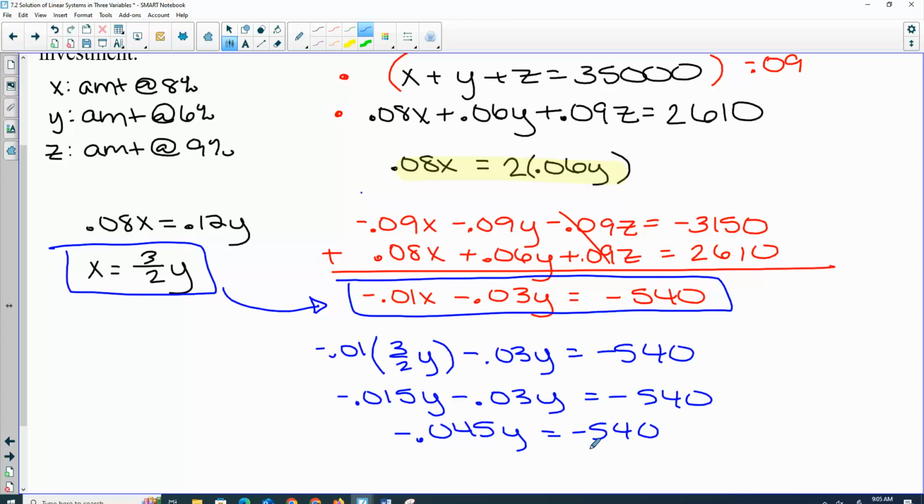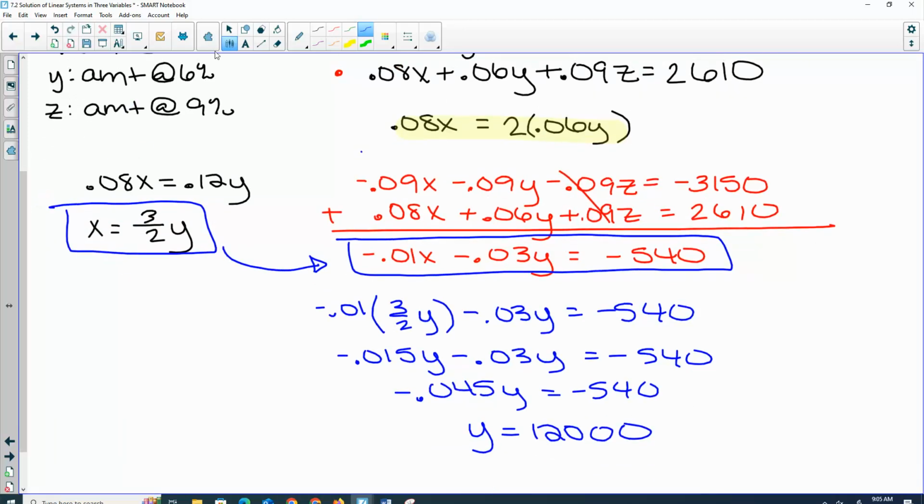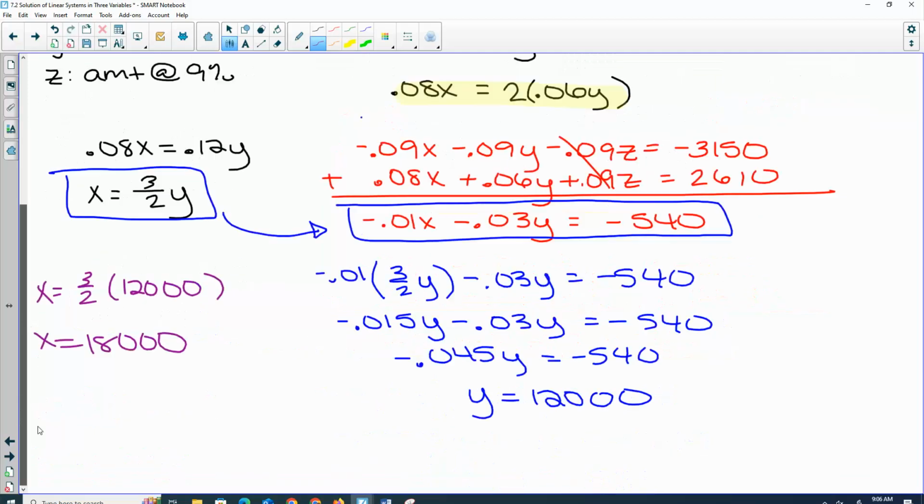And if we divide, y is 12,000. And once you have y, you can start plugging that back in to get the others. We know x is 3 halves times our y of 12,000. So x is 18,000.